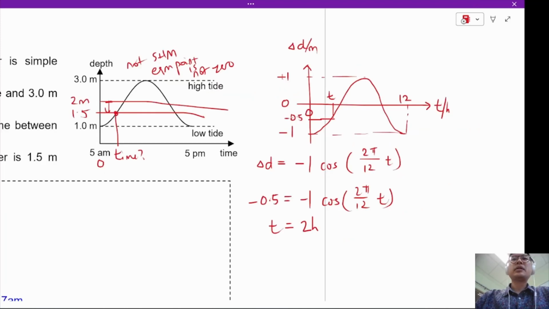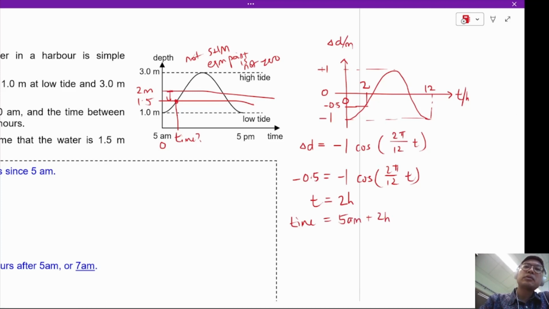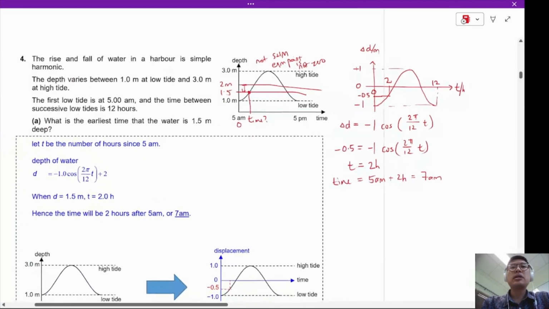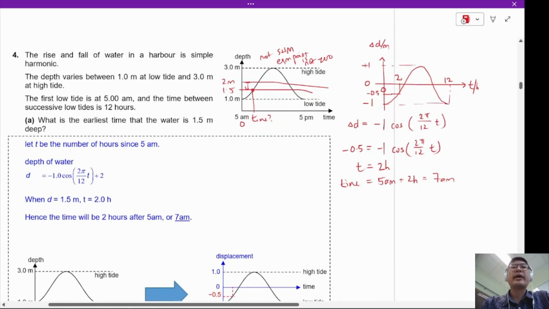And we obtain here t is equal to 2. But does that mean that it's 2 a.m.? It's not 2 a.m. So the time is 5 a.m. plus 2 hours, which is 7 a.m. Okay, so the earliest time that the water is 1.5 meters deep will be at 7 a.m.